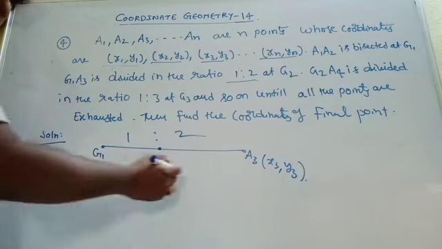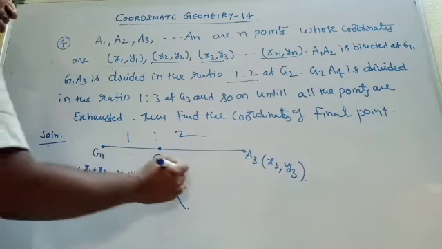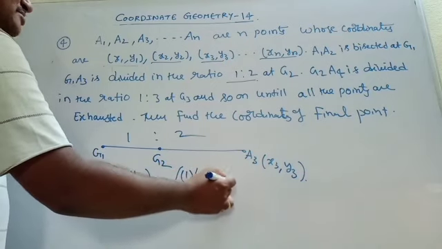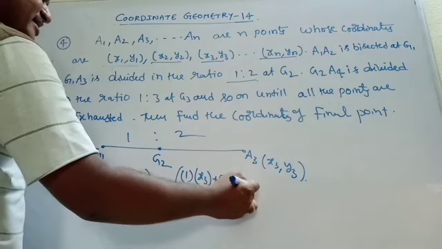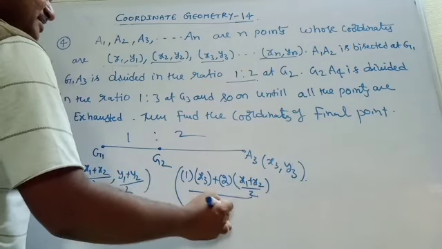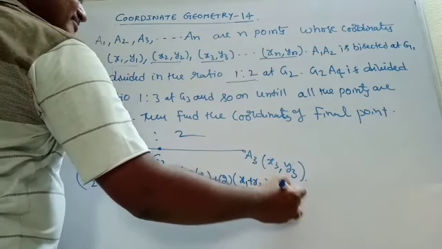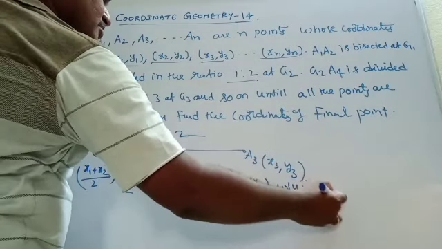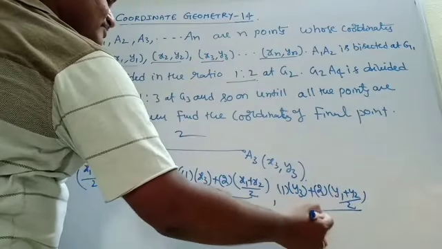Now the coordinates of G2, how are you going to find? It is (m x2 plus n x1) by (m plus n), where m is 1, x2 is x3, n is 2, and x1 is (x1 plus x2) by 2, whole by 1 plus 2. Similarly for y, 1 into y3 plus 2 into (y1 plus y2) by 2, whole by 1 plus 2.